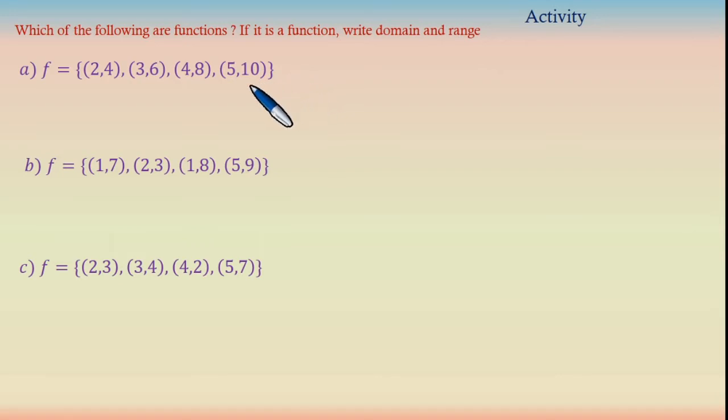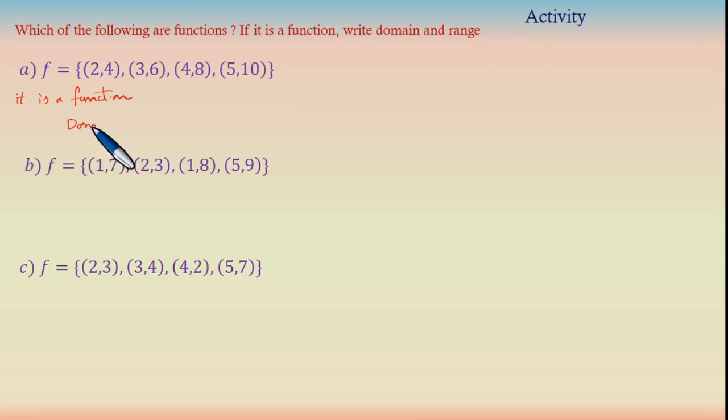The very first one: check the first components 2, 3, 4 and 5. These all four are different, then it is a function. Simple. First components are different means it is a function. Then if it is a function, you have to write the domain.